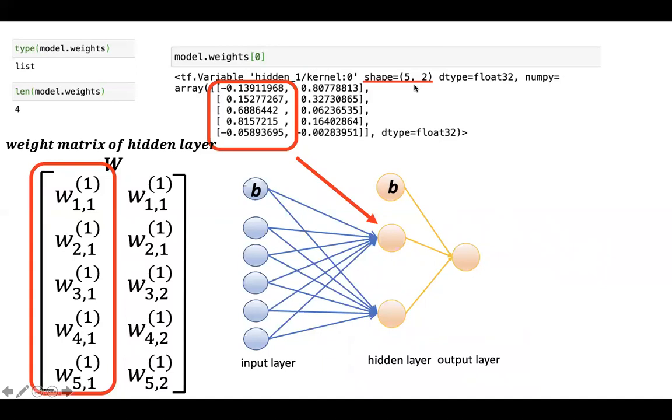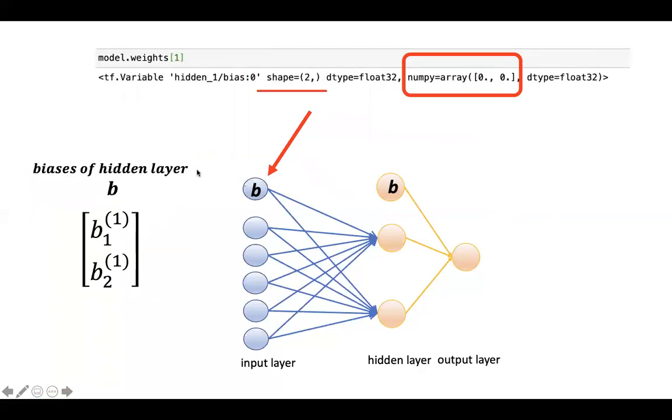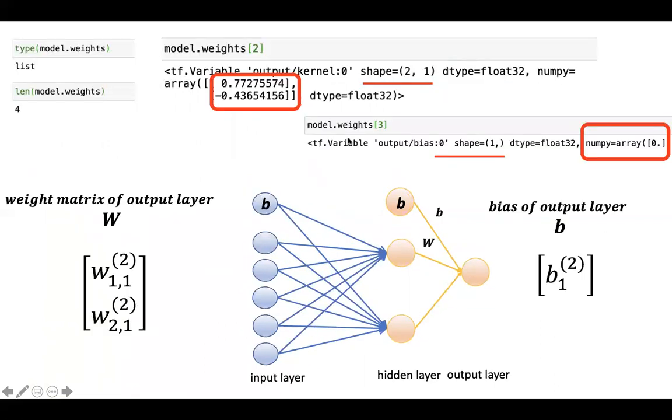We have 5 features and 2 hidden neurons. The bias is stored separately in the second element of model.weights. And as you can see, it's just 0. First, the bias is initialized as zeros. The same for the second layer. If you call the third and fourth elements of model.weights, you will see what kind of weights are initialized, and what kind of shape it is.